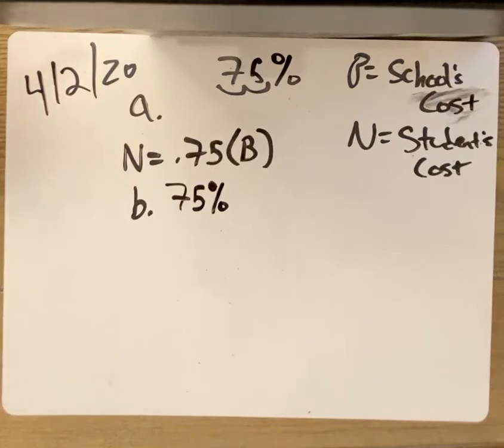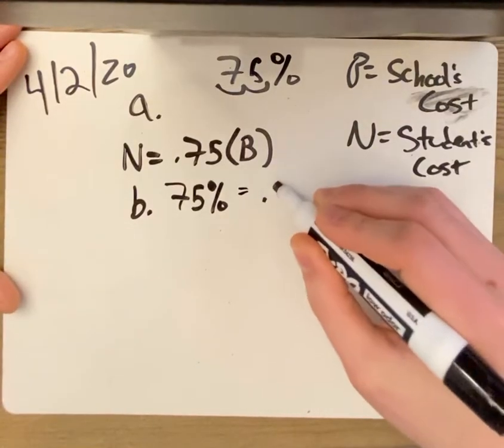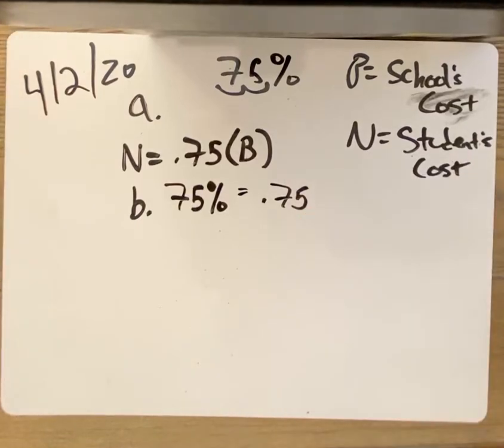No matter how much they pay for the book, the charge is going to equal 75% of that book. It means that for every dollar the school spends to purchase a book, the student has to pay 75 cents for a lost book. And let's not forget this is equal to 0.75, 75 cents.